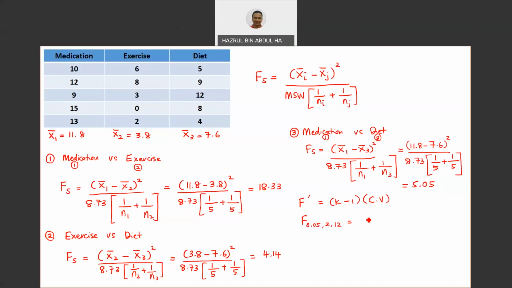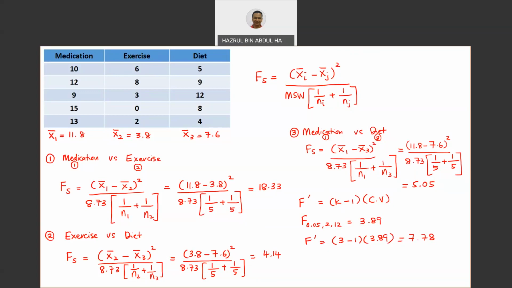So this is equal to 3.89. Meaning that F prime is equal to the number of categories minus 1, 3 minus 1, since we have 3 groups, multiplied by 3.89. So this is equal to 7.78. This is our critical value.